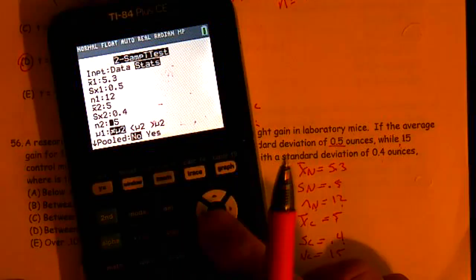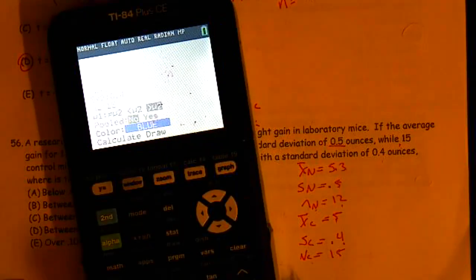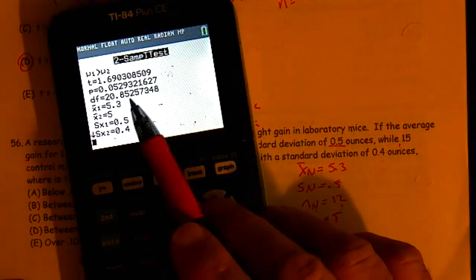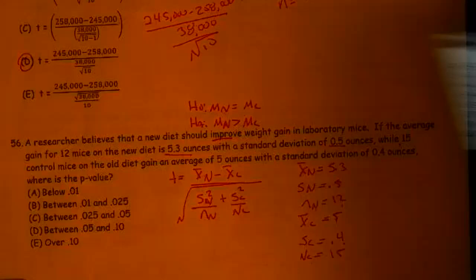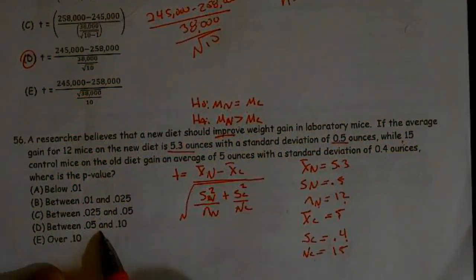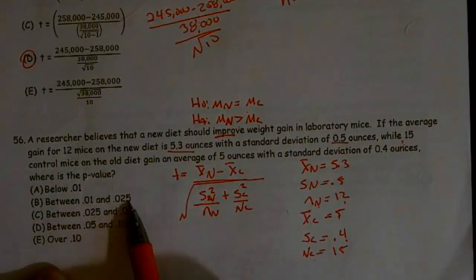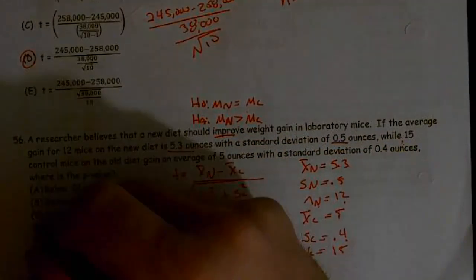So I need to make sure I have the greater than symbol highlighted. And when I do that, I end up getting a p-value of 0.0529. It's greater than 0.05, but it falls between 0.05 and 0.1. So my answer choice to 56 is D.